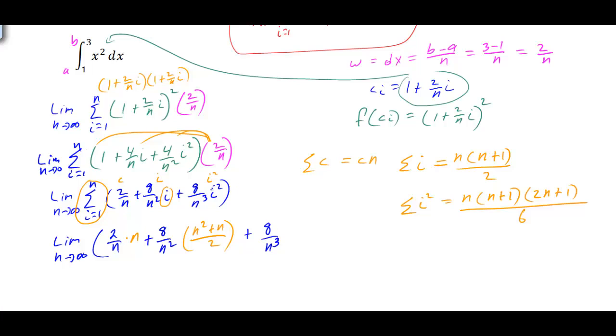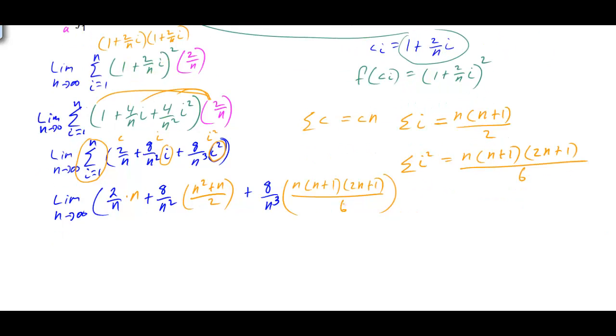And once again, here we have the i squared. So we're going to take this i squared, which is this whole formula, and we would have n times n plus 1 times 2n plus 1 all over 6.